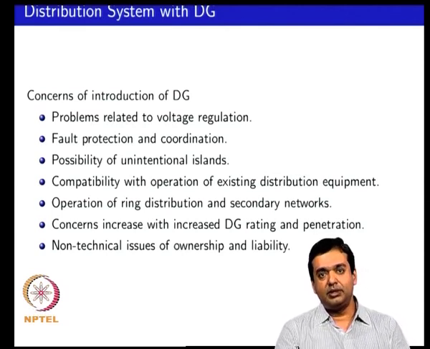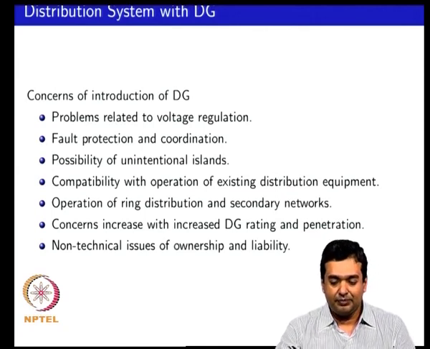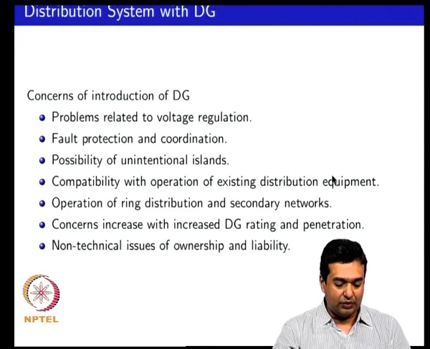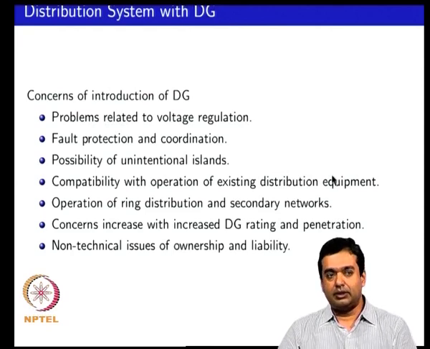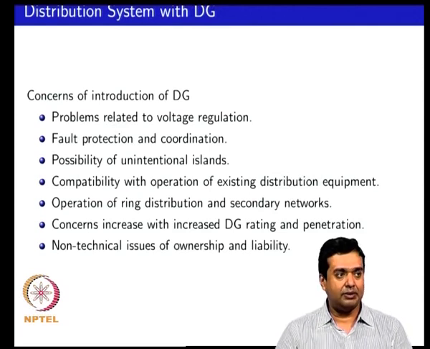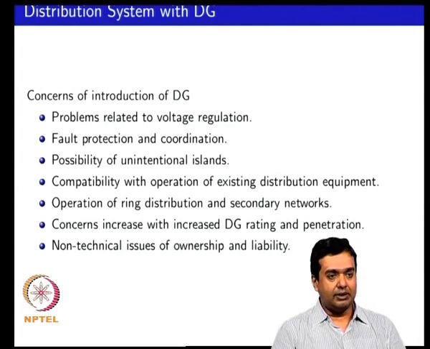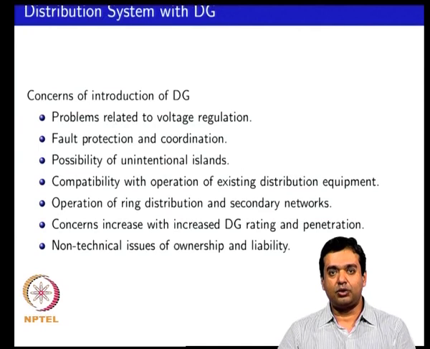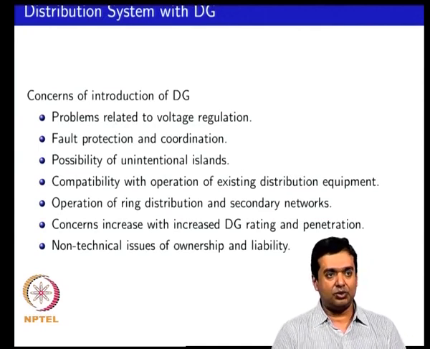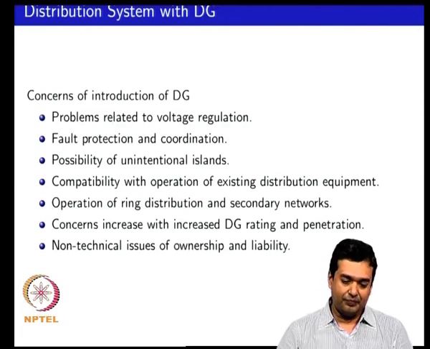Also the compatibility of the existing distribution system equipment is an issue. We saw that with reclosers there may be timing issues when you add the DG unit. When you have sectionalizers, you might think that you are operating them without interrupting current, but the DG may introduce current when it is actually opening.